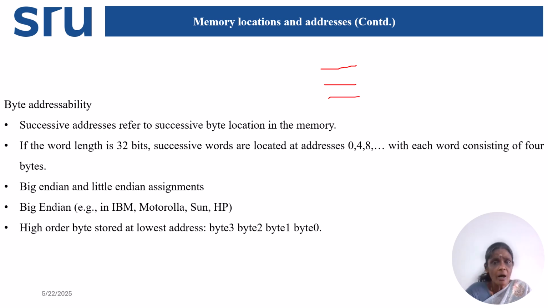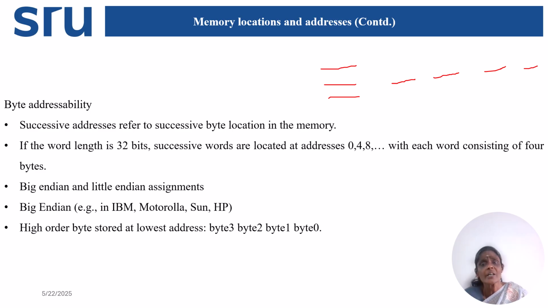Now you can ask, why not 0, 1, 2 and so on. Already to store ASCII characters, we have seen one diagram: first 8-bit ASCII, second 8-bit ASCII, third, fourth 8-bit ASCII. So in this way 32 is split into 8, 8, 8, 8.